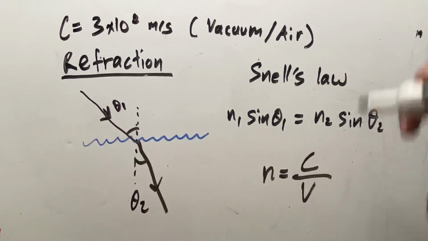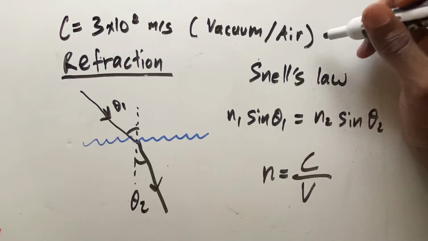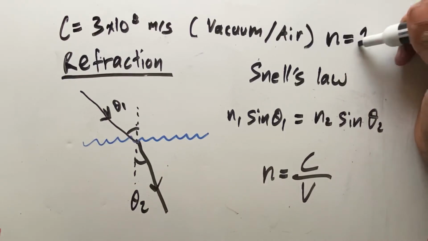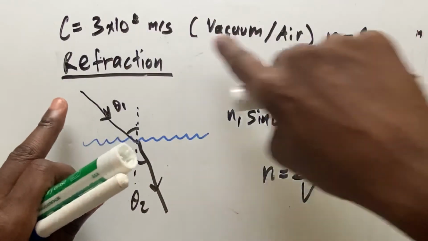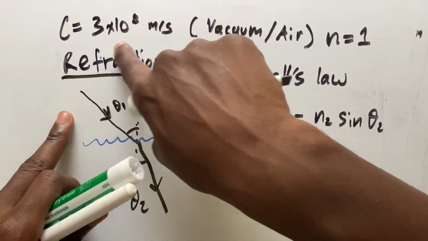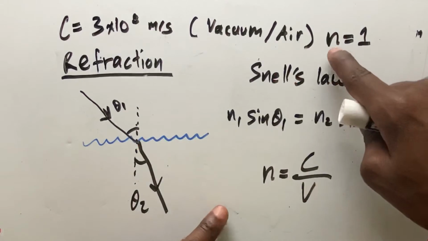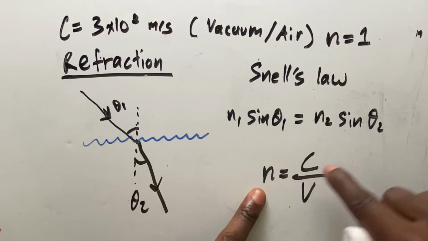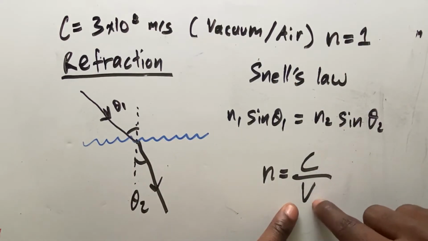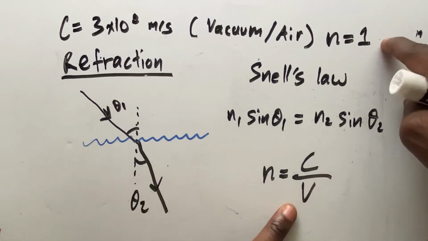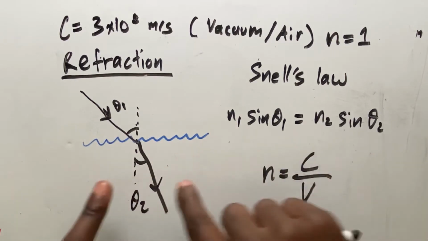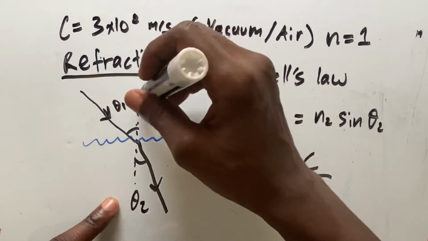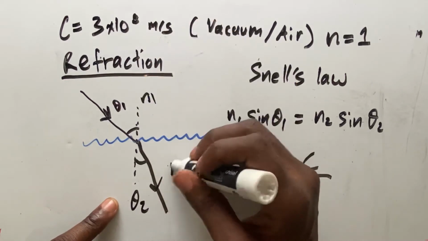So in air, the index of refraction equals 1, because in air the speed of light is basically just c. So for air, n is c divided by c, so we just get 1. So up here is N1, and down here is N2.